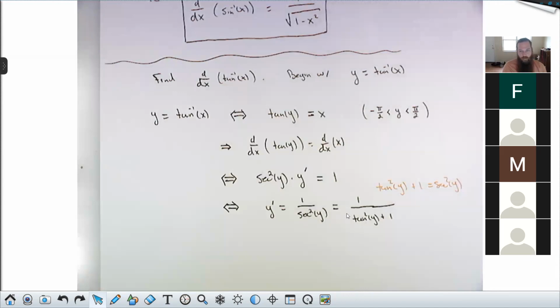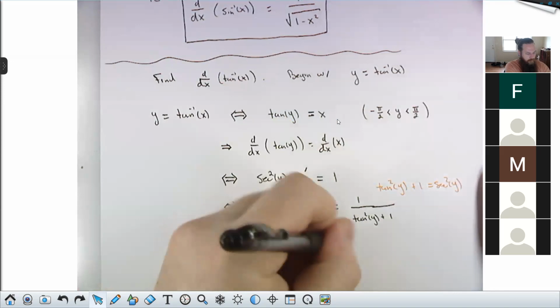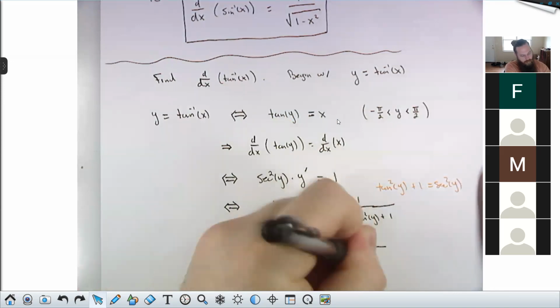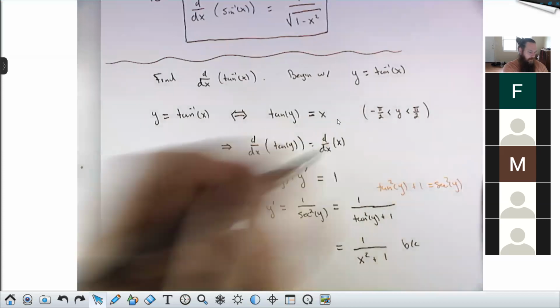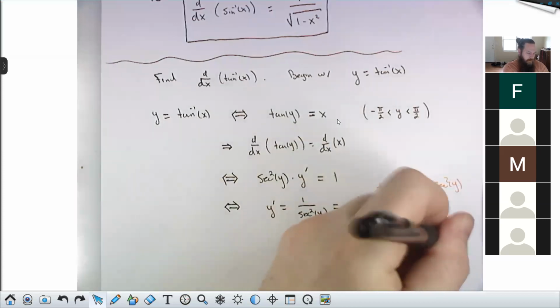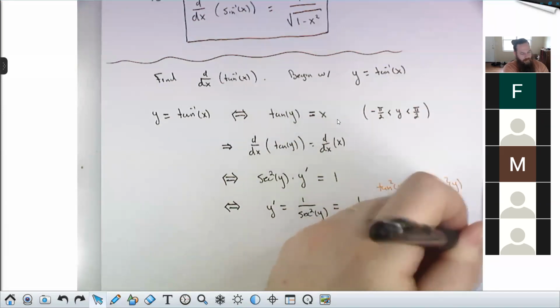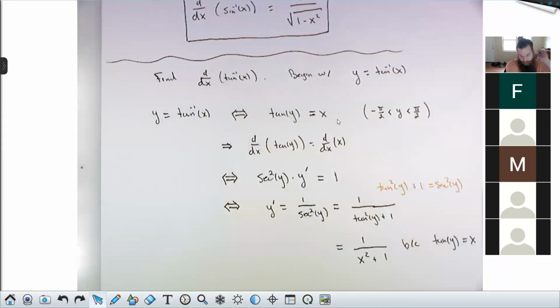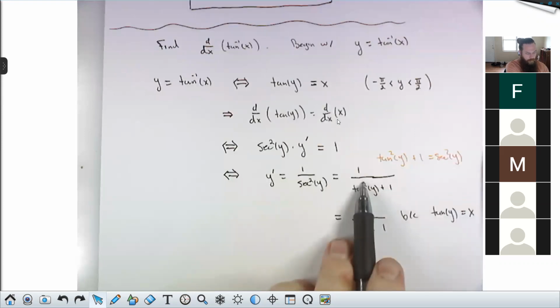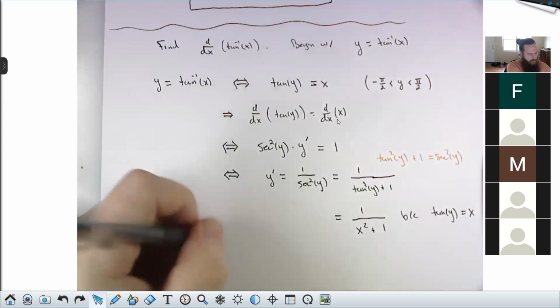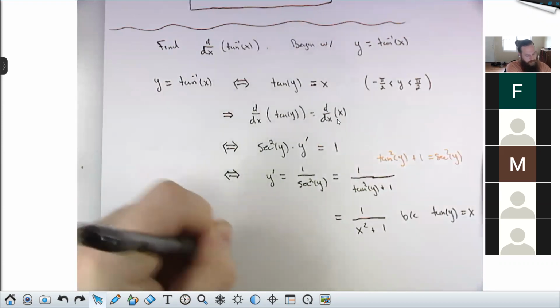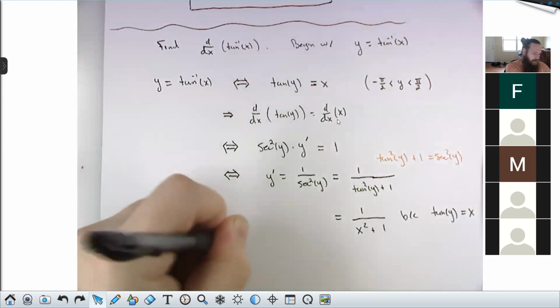And what is tangent squared of y? Well, that's x squared, because tangent of y is x. So this is 1 over x squared plus 1. And here's the second inverse trig derivative that you must remember forever and ever, amen.